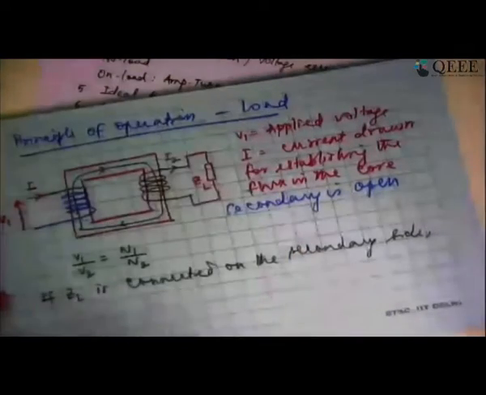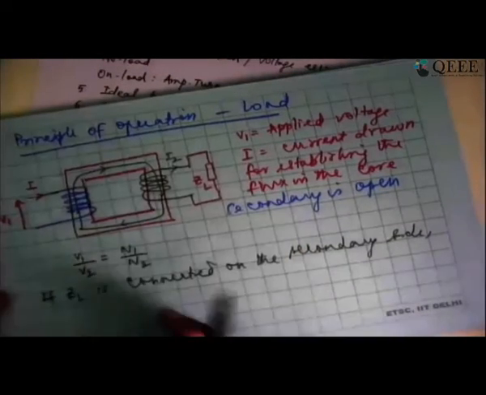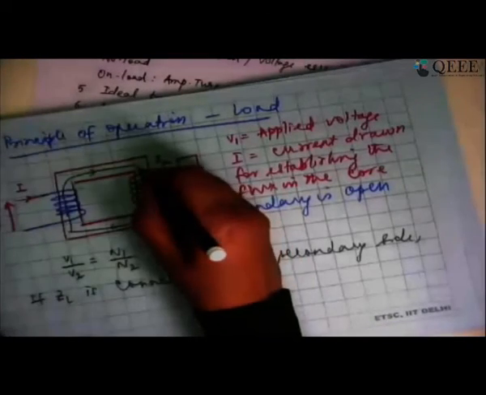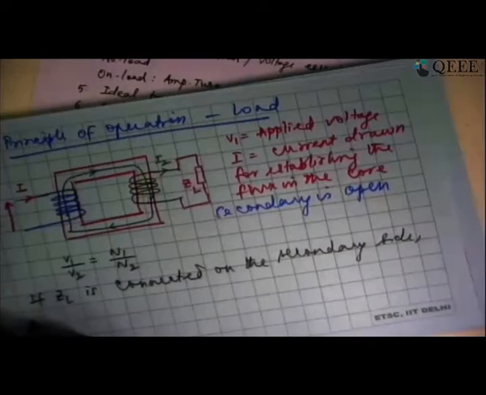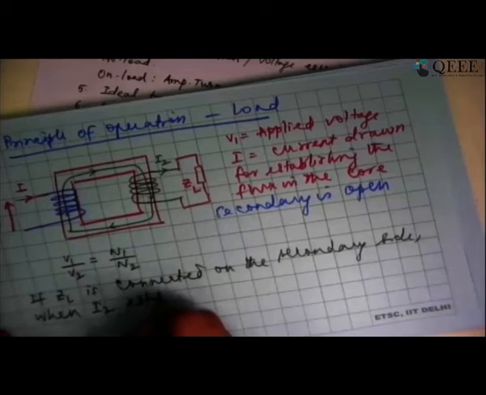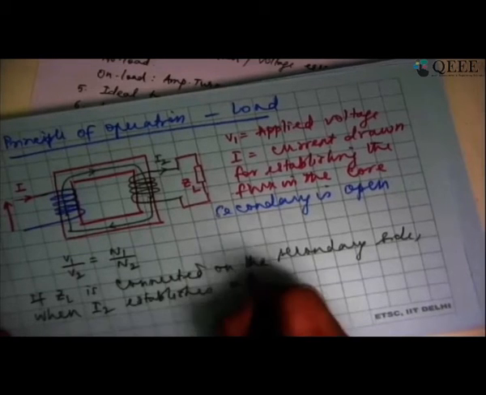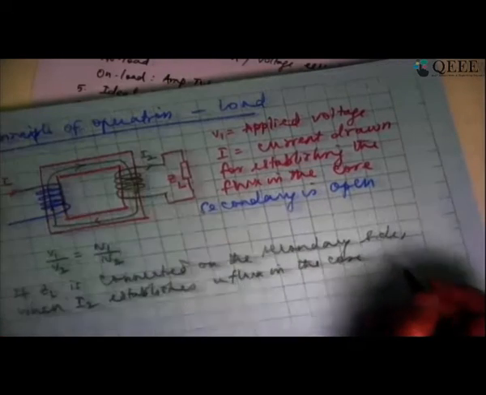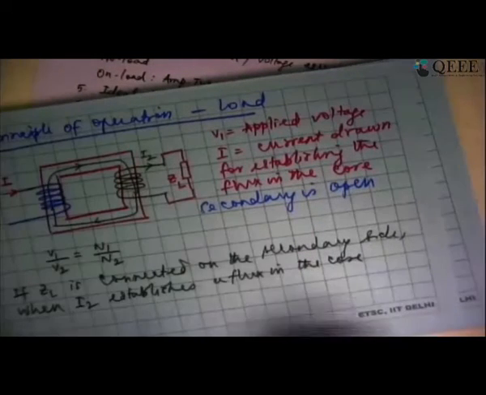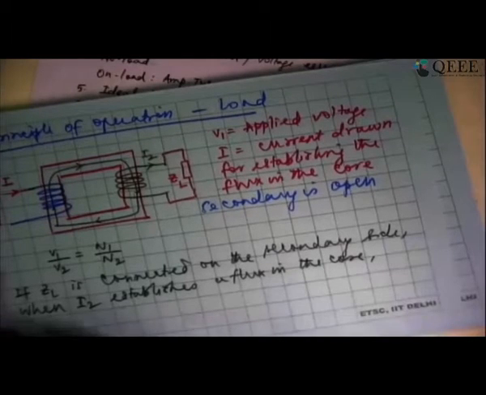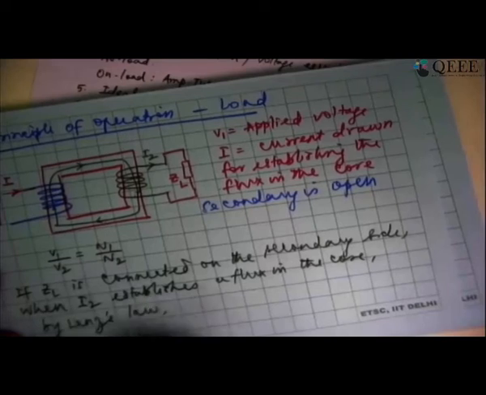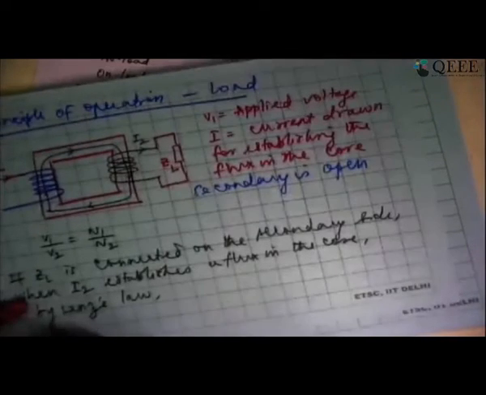That is also going to establish a flux in the core, because after all that winding is also wound around a ferromagnetic core. When I2 establishes a flux in the core, it will definitely not be additive, because if it is additive, the flux will go to infinity. So by Lenz's law, it is going to oppose the original flux.